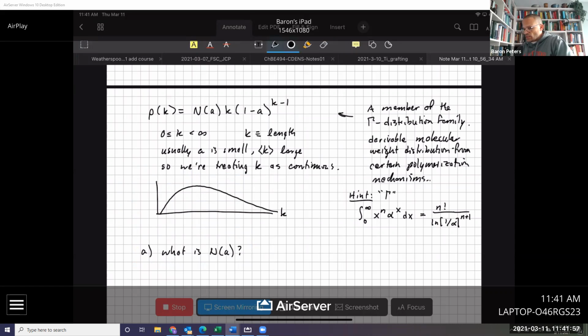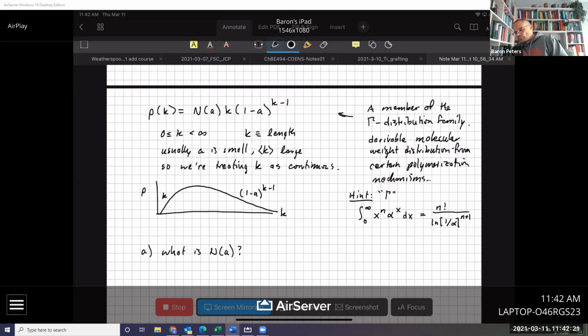But it still looks like an exponential because it's decaying in that exponential fashion. And then at the beginning, it rises in proportion to K. So that leading term K is the dominant feature here, and the (1 minus alpha) to the K minus 1 is the dominant feature over here. And of course, there's a turnover in the middle. So this is our little picture of the molecular weight distribution.